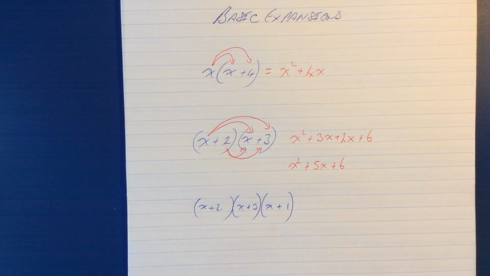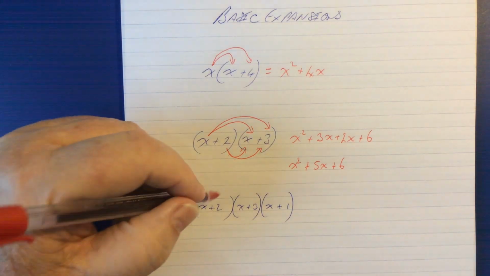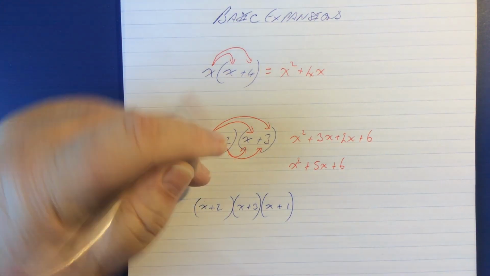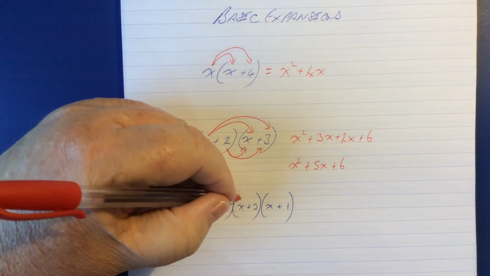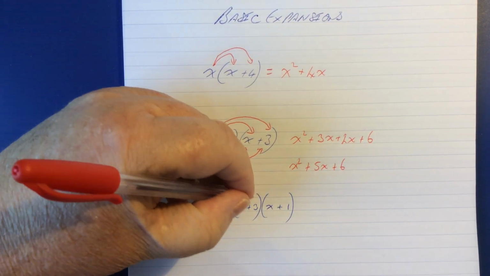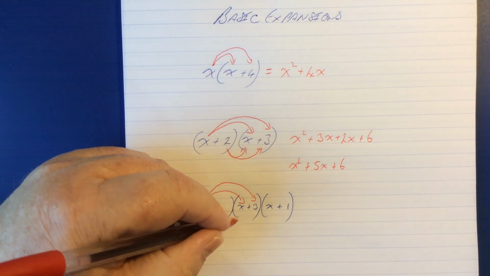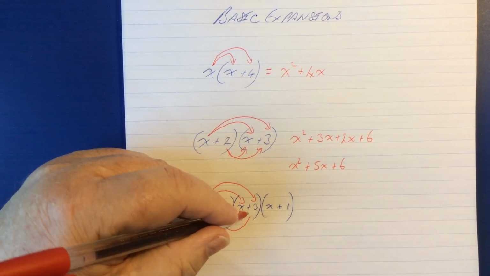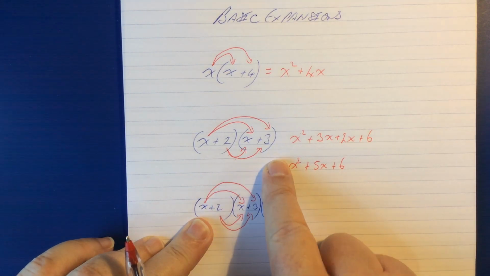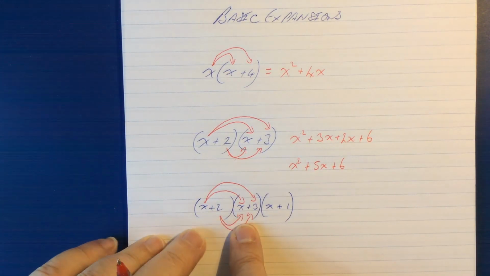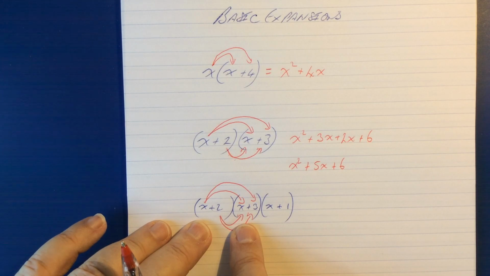Well, the answer is that you work in a consistent and systematic way. Everything that I did for up here, I'm going to do for these first two expressions. And I'll just draw in the lines so that you can see what I'm doing. And we're going to take it that if you understood what went on here, you'll understand what is going on here.